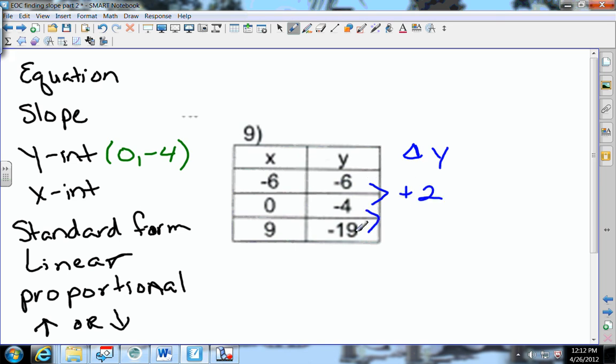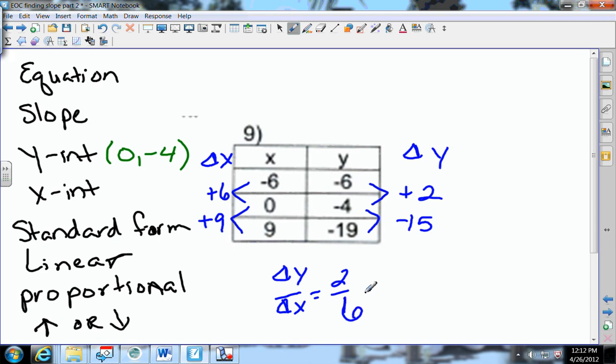Now this one right here would be minus 15. Delta x, plus 6 plus 9. So delta y over delta x is 2 over 6.